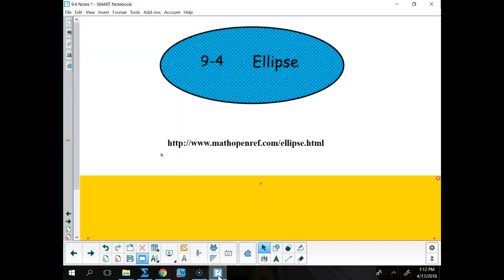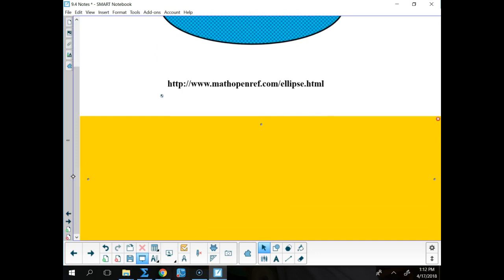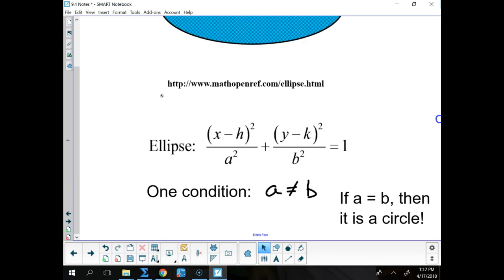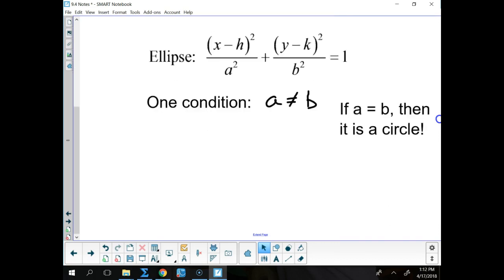The equation of an ellipse is this: x minus h quantity squared divided by a squared plus y minus k quantity squared divided by b squared.